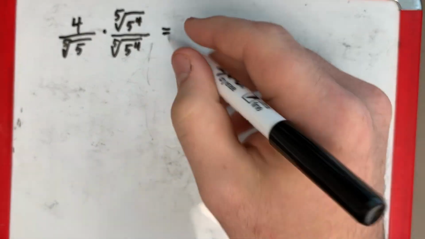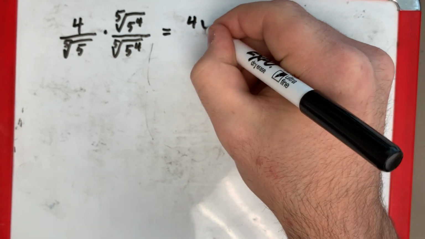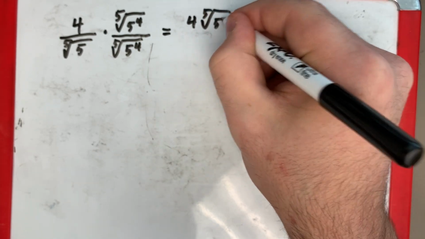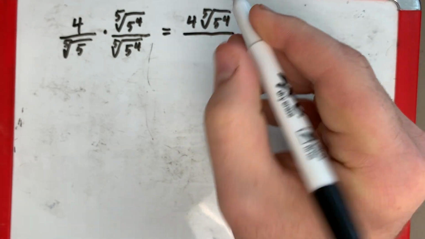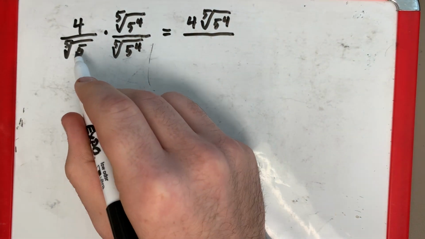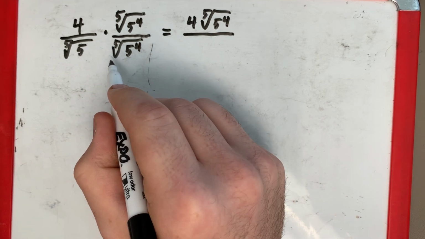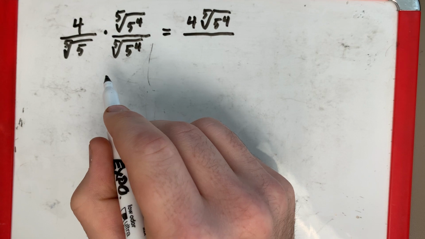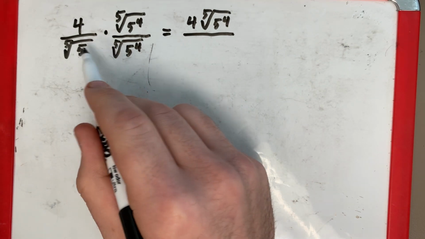So, continuing along here, multiplying straight across, we have 4 times the 5th root of 5 to the 4th. Okay, and then in the denominator, I have multiplication of these two radicals that are the same power. So what this allows me to do via the product rule for radical expressions is combine this all under the same radical.